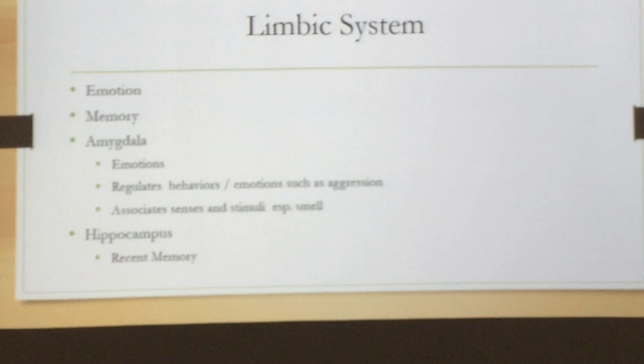And remember when I told you that the sense of smell does not go through the thalamus? That's because it goes through the amygdala. Okay? Now what happens is it will lock a smell, a memory, and an emotion together.